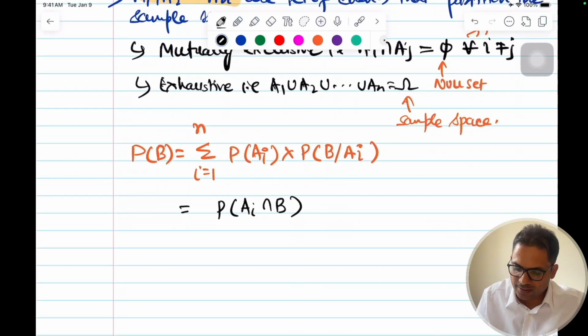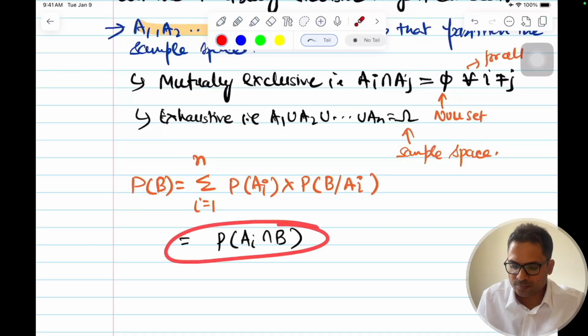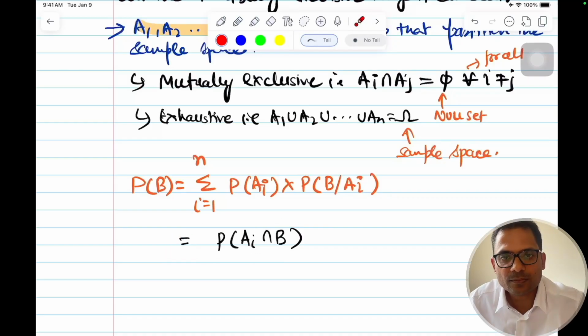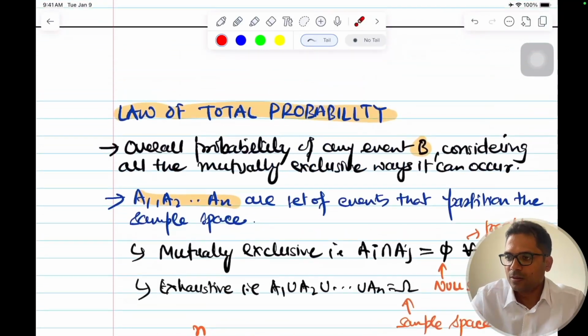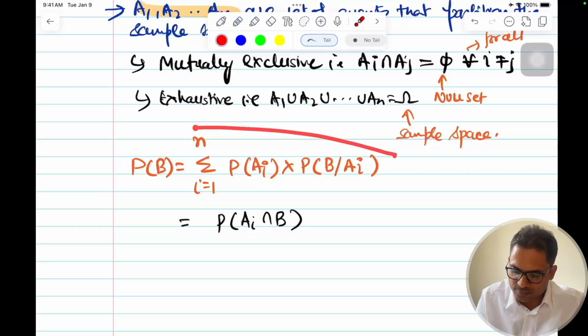That same thing is written here in the reverse order. I hope you get this point. So from the chain rule, we brought it down to this part.